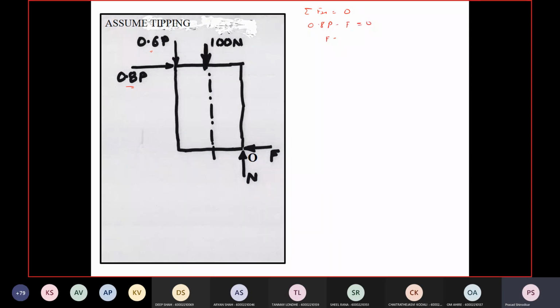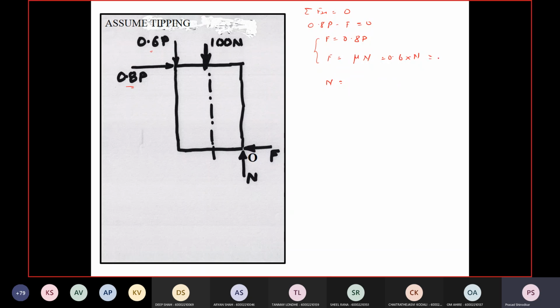So F is equal to 0.8P, and F is also equal to mu N, that is 0.6 into N. Equating these two equations.